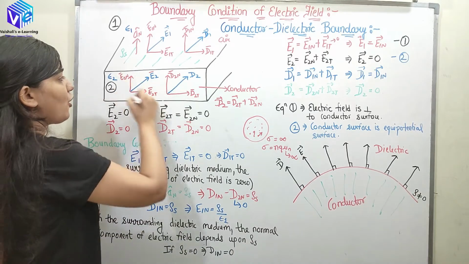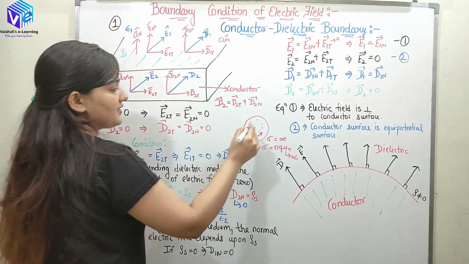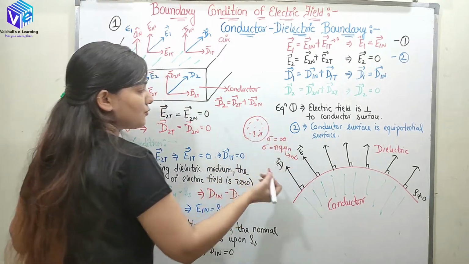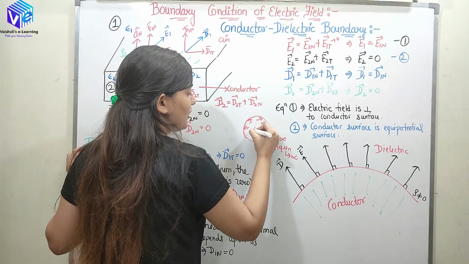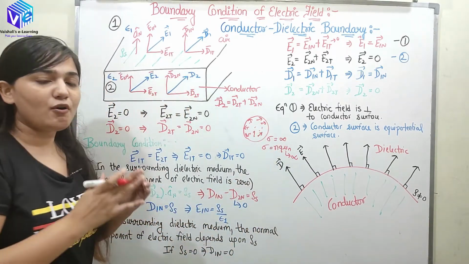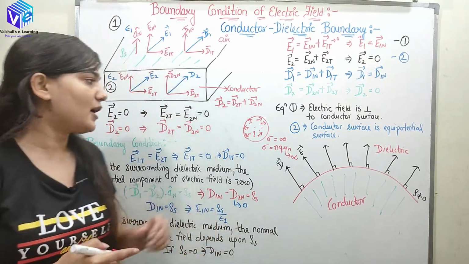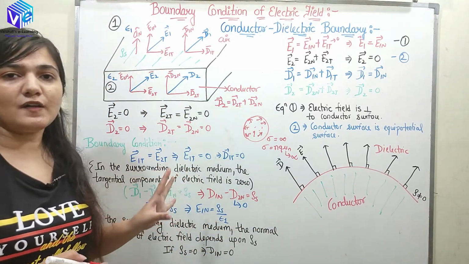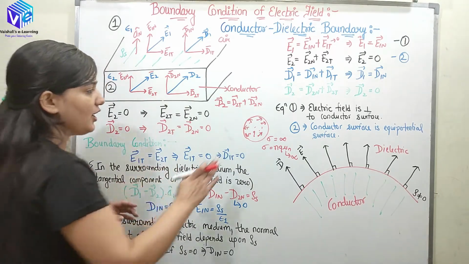All the charges in the volume will have infinite mobility and will start going towards the surface, because beyond the surface they do not get any way to escape. So they will accumulate on the surface, but inside the conductor we don't have any charge.